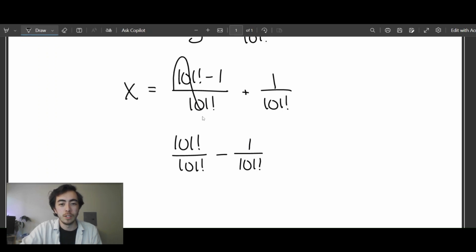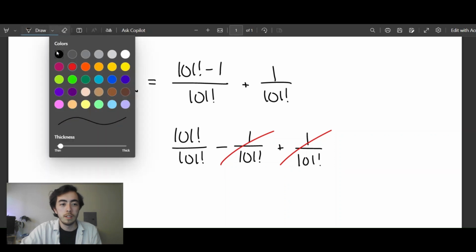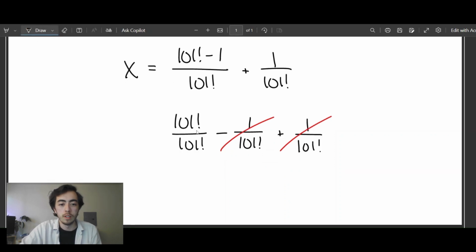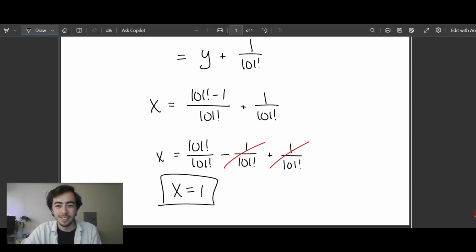I'm distributing it almost between the two parts of my numerator. And then I can tell that these last two fractions cancel out, and anything divided by itself is just 1. Well, except for 0, but an obnoxiously big number divided by the same obnoxiously big number is just 1. And so with a little bit of a correction to the problem statement today, x is 1.